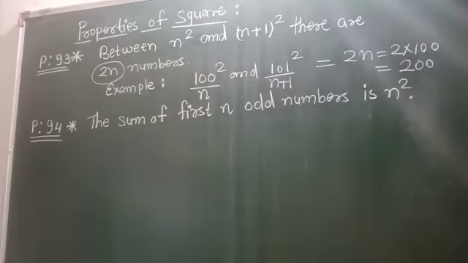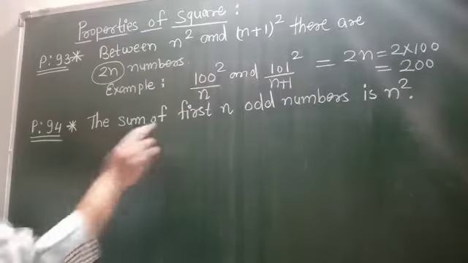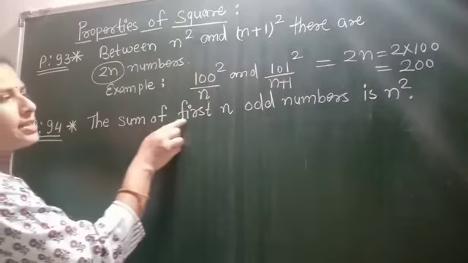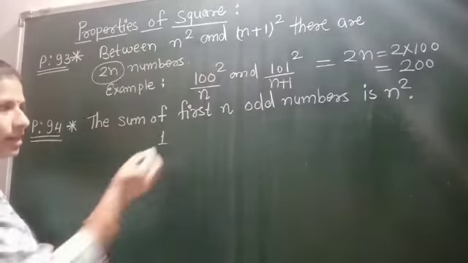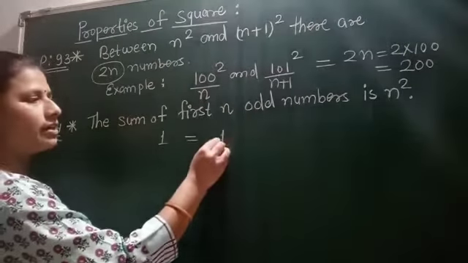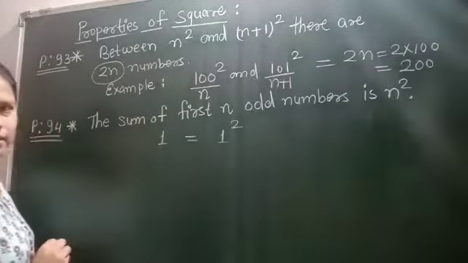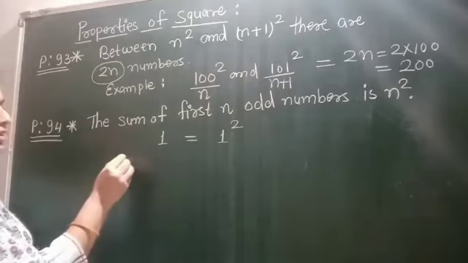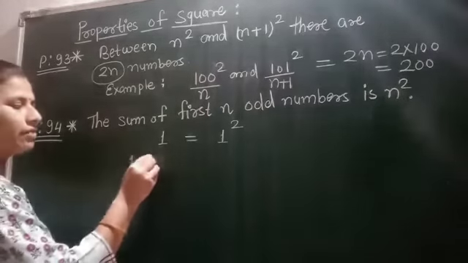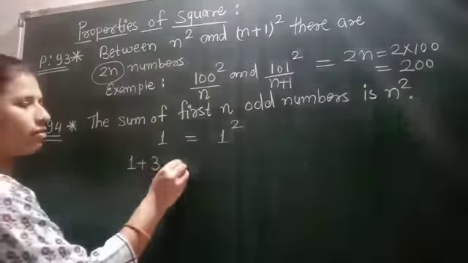Let's see it with an example. As we know students, here we are finding the sum of odd numbers. The first odd number is 1, and 1 can be written as 1 square. When we add the next odd number, 1 plus 3, what do we get?